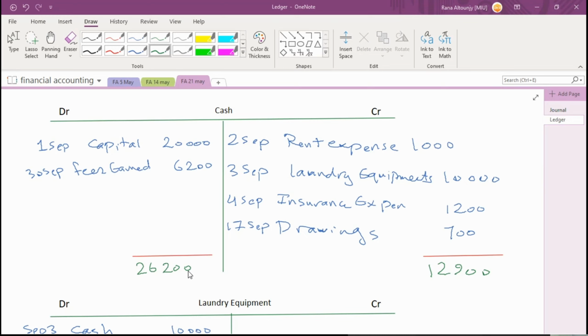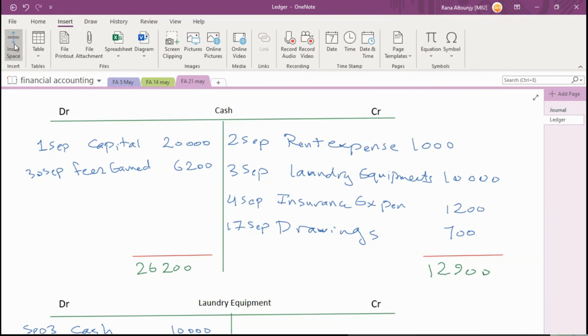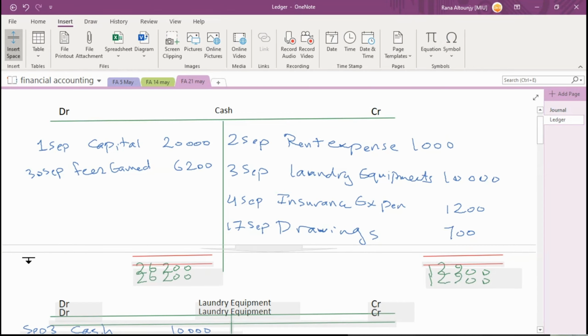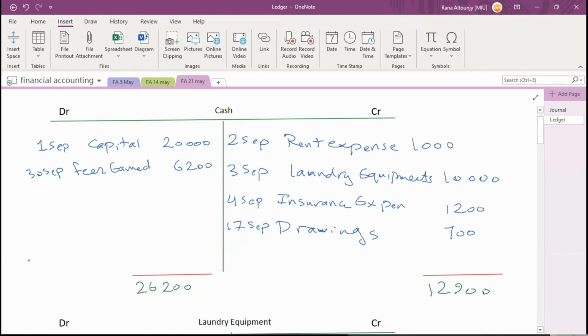But in the ledger, we cannot leave both sides different. We should find one amount to make both sides balance. So how does this work?